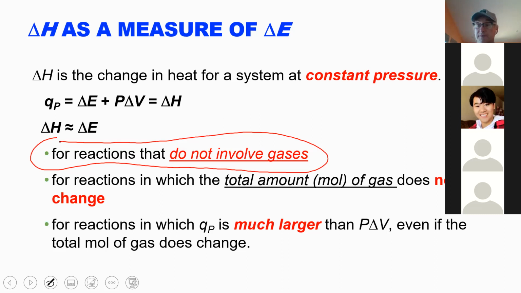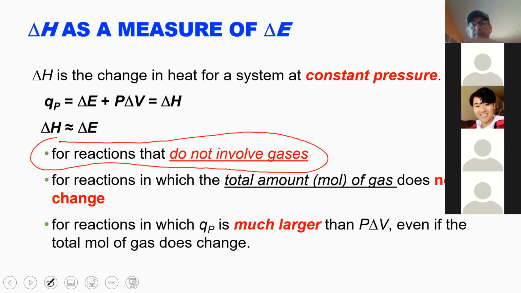Basically no work is being done. Or if we do create gas, but the total moles of gas don't change, like if we have 6 moles of gas going in as reactants, and they create 6 moles of a different kind of gas, then the pressure is not going to change.